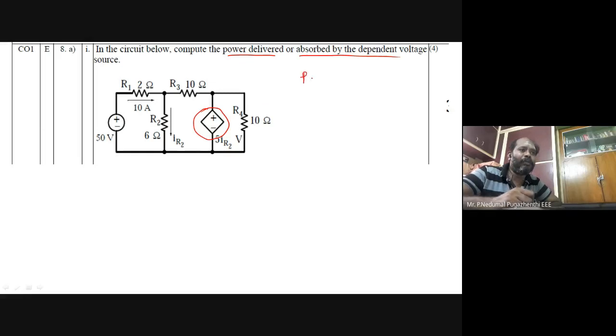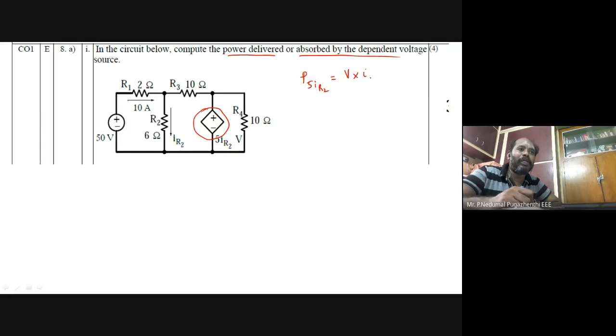The power of this source is equal to the voltage across the source into the current passing through that.